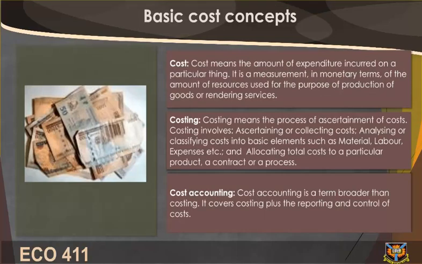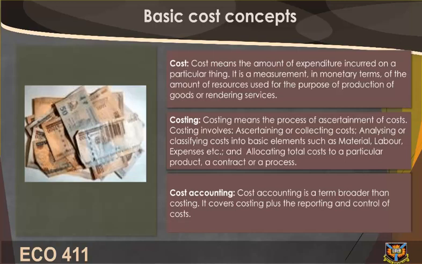Basic cost concepts. Cost. Cost means the amount of expenditure incurred on a particular thing. It is a measurement in monetary terms of the amount of resources used for the purpose of production of goods or rendering services. Costing.